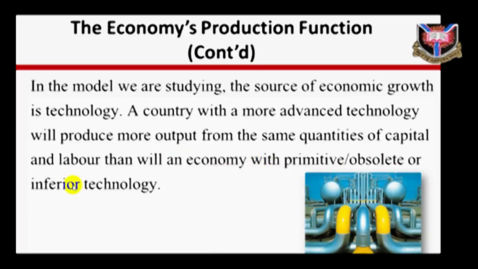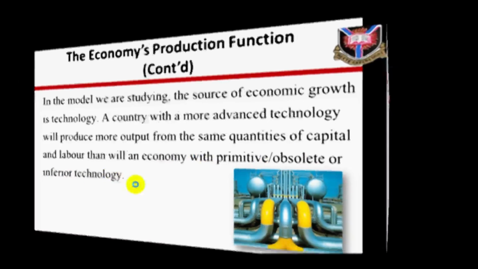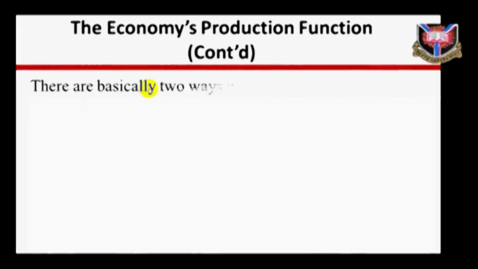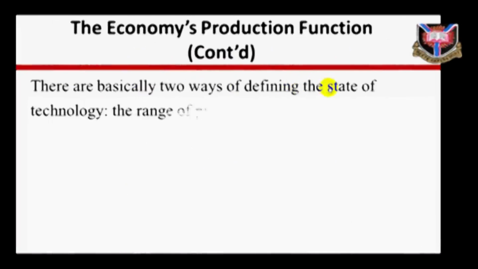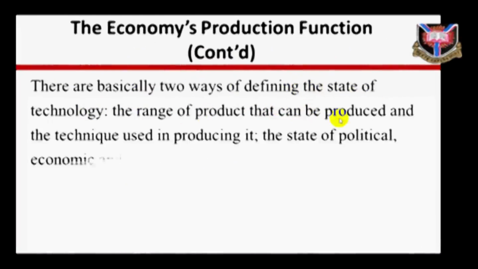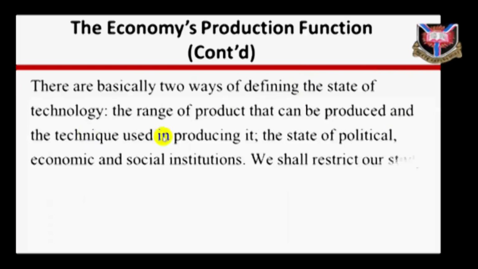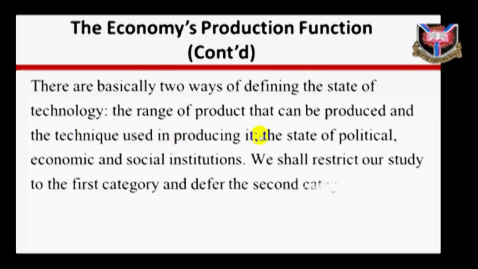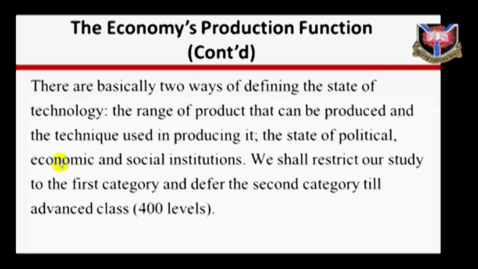There are basically two ways of defining the state of technology: the range of product that can be produced and the technique used in producing it; and the state of political, economic, and social institutions. We shall restrict our study to the first category and defer the second category till advanced class.